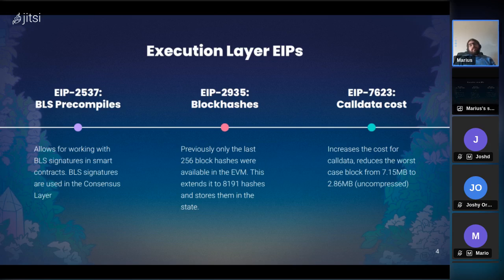And what this call data cost increase does is it increases the amount that call data costs, but in a very interesting way, so that most of the transactions are actually not going to be more expensive. Most of the use cases are not going to be more expensive. Only if you have very little execution and a lot of data, then you are going to feel the cost increase.